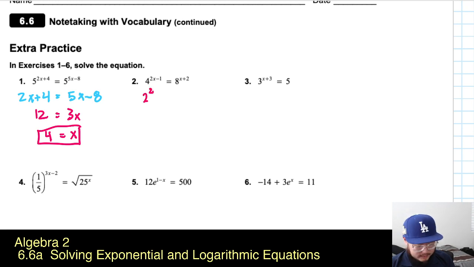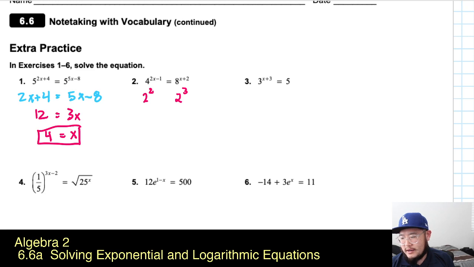And the reason why I chose that is because right here, I can get 8 by using a base of 2 and changing this 8 into 2 to the third power. And so therefore, I have both the same bases now. Now here's the next part to this.